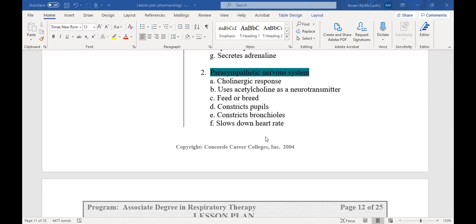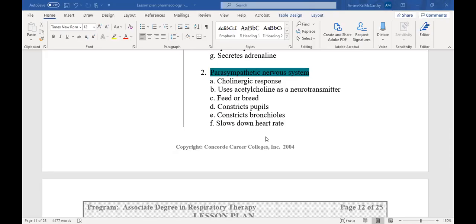The bronchioles, bronchoconstriction. Okay, well, since we know that, we want to find a drug that will do what, Kayla? If I'm having a cholinergic problem right now, a cholinergic crisis or cholinergic response is happening in my body, I want to take a drug that would do what, Kayla?